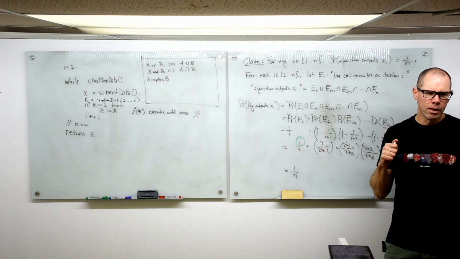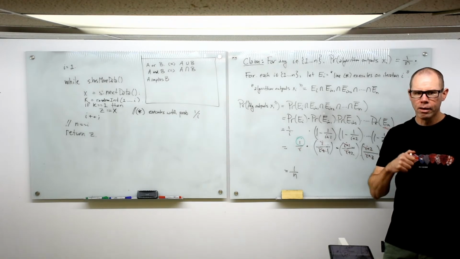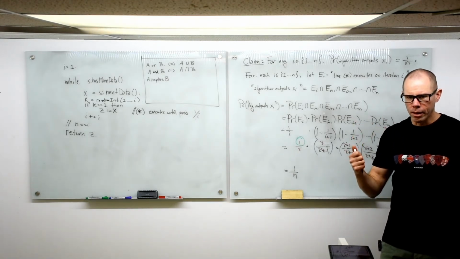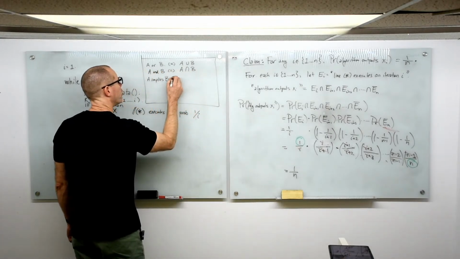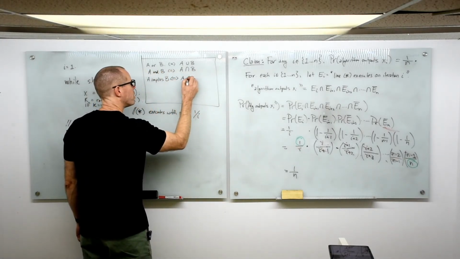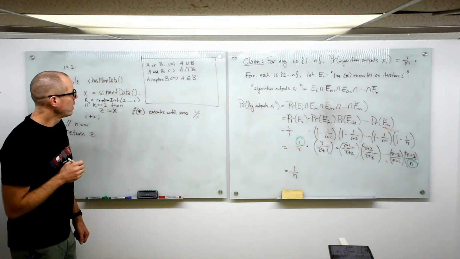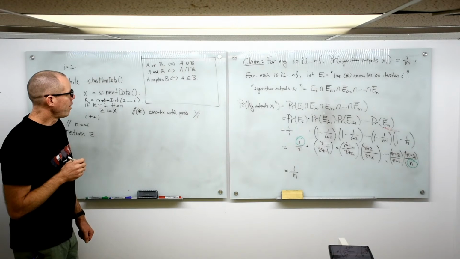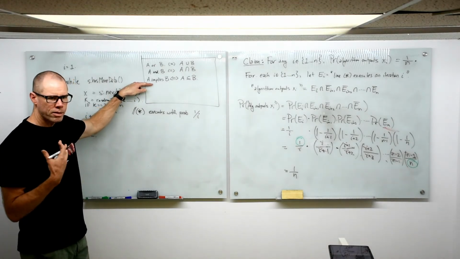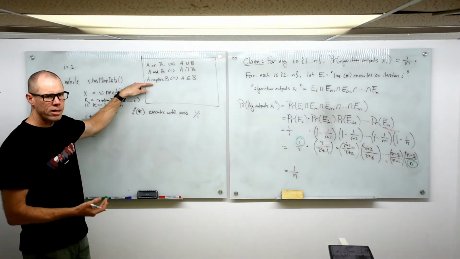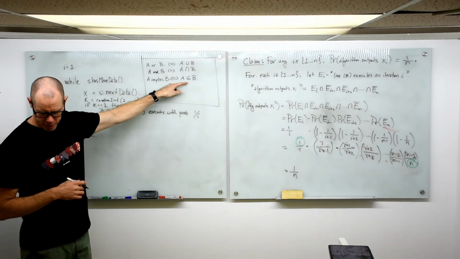So that means that every outcome that is in A is also an outcome in B, which means A is a subset of B. So in plain language or logic language, this statement, event A implies event B, means A is a subset of B.